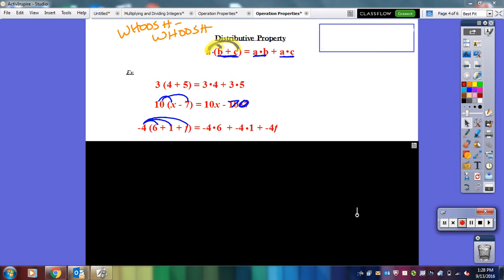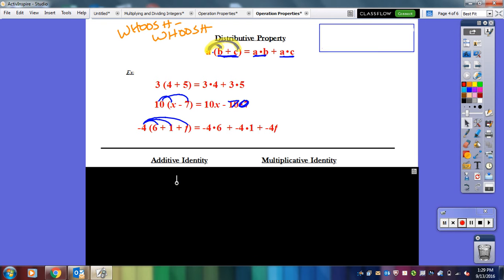This is where students sometimes start to get confused. The next 2 properties. The identities. Your identity is who you are. Who you are does not change. There is an additive identity and there's a multiplicative identity.